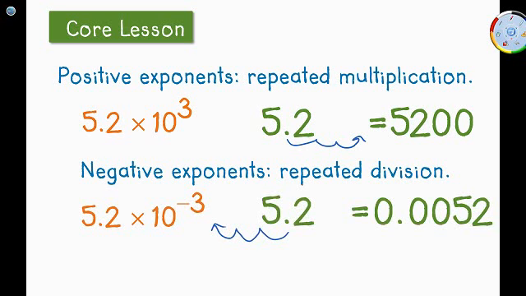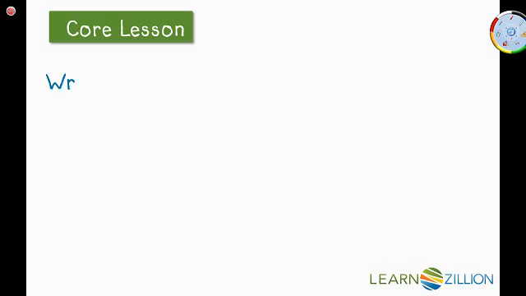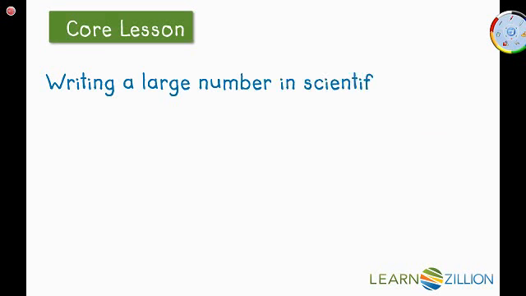And we end up with 0.0052, or this is 52 thousandths. All right. So a positive exponent means we move our decimal to the right. A negative exponent means that we're moving our decimal to the left, just like we were multiplying or dividing by a power of 10. All right.